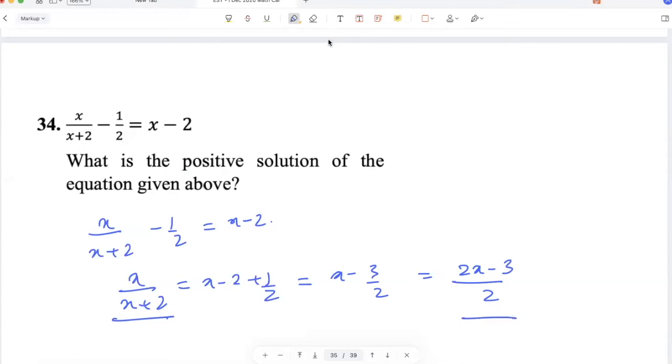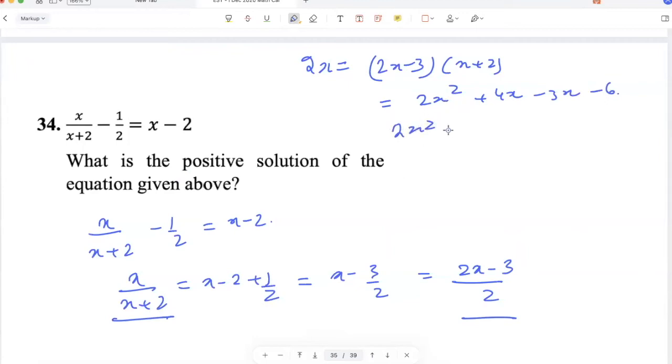So let's cross multiply. 2x is 2x minus 3 times x plus 2. So that's 2x squared plus 4x minus 3x minus 6. So I get 2x squared plus x minus 2x. So I get 2x squared minus x minus 6 is 0.